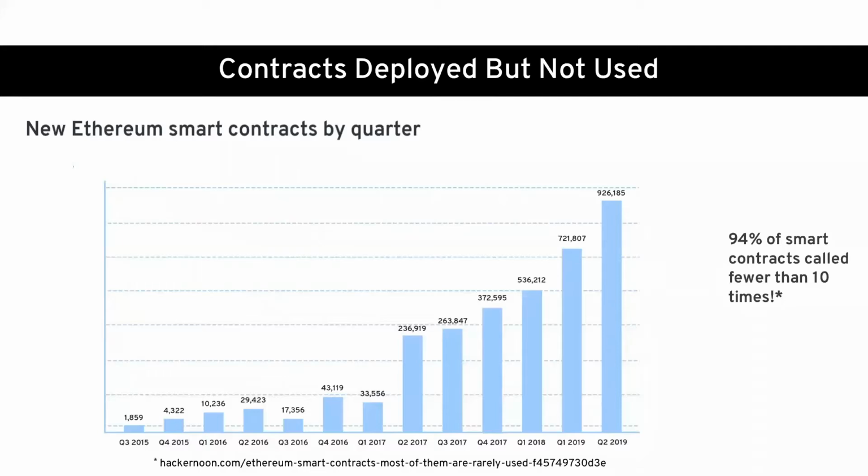This highlights that there's interest from developers prototyping or trialing and creating smart contracts at the beginning, but in terms of regular use, the vast majority of these smart contracts aren't even being used.